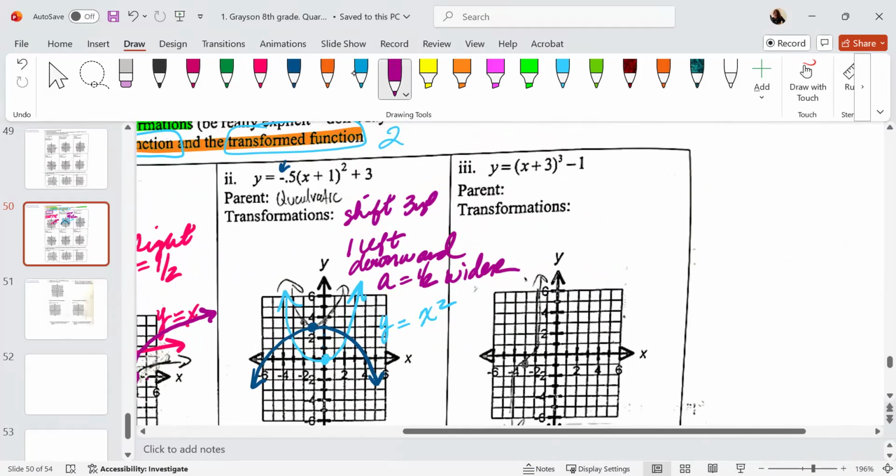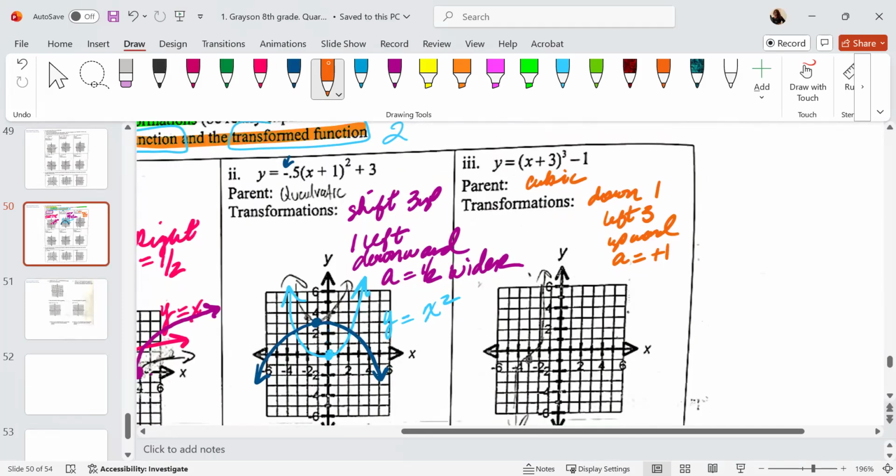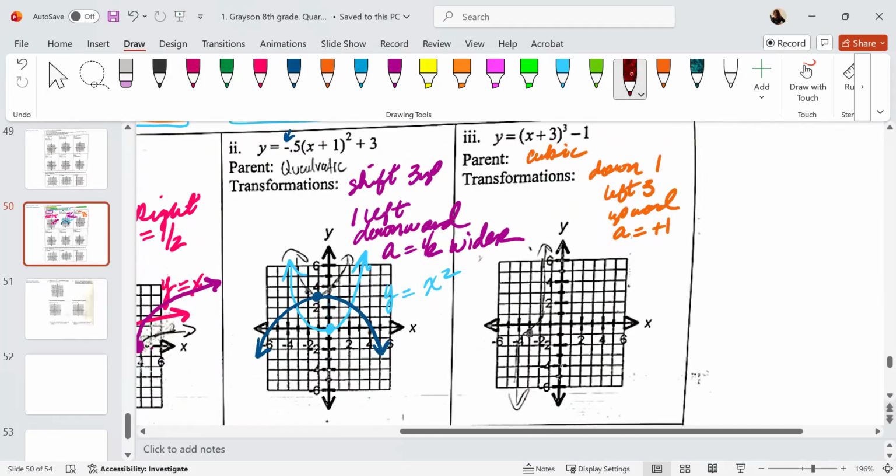Number 3, parent function. Did you write cubic? Down 1, left 3. It's facing upward because A equals +1, correct? A cubic function, you need to draw the parent function. The parent function is going to be in the center, and it's going to look something like this.